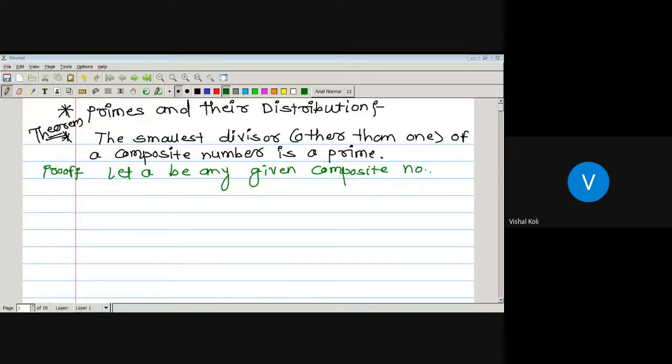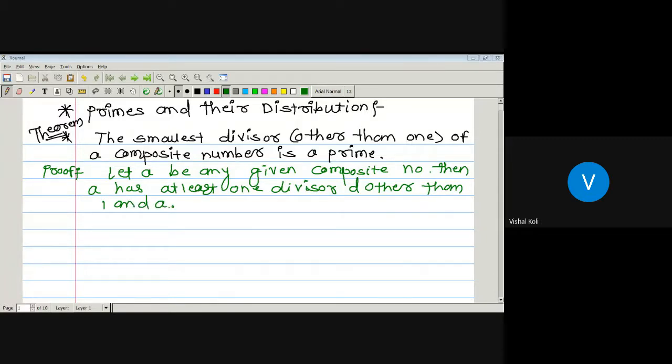It means if there is a composite number, then it has at least one divisor d other than 1 and that element itself. So as a is a composite number, a has at least one divisor d other than 1 and a, by the definition of composite number.